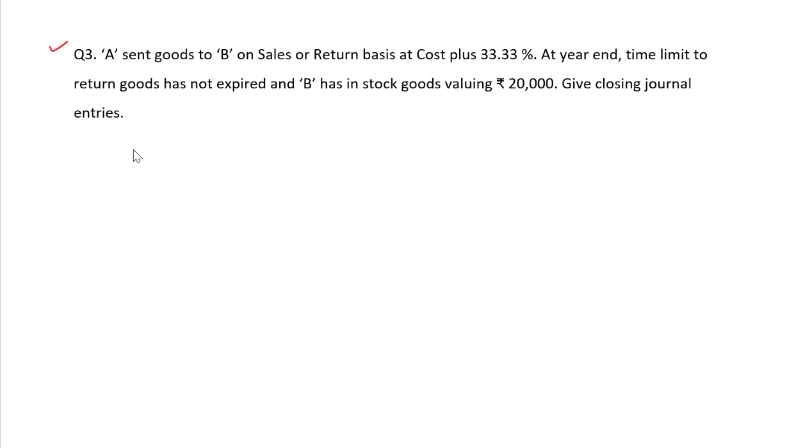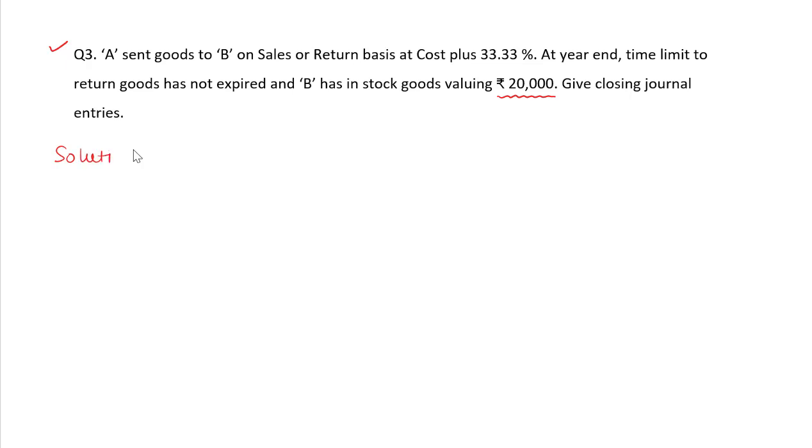Next, third question. A sent goods to B on sale or return basis at cost plus 33.33%, 1 by 3. At the year end, the time limit to return goods has not expired and B has in stock goods of value 20,000. Give journal entries.